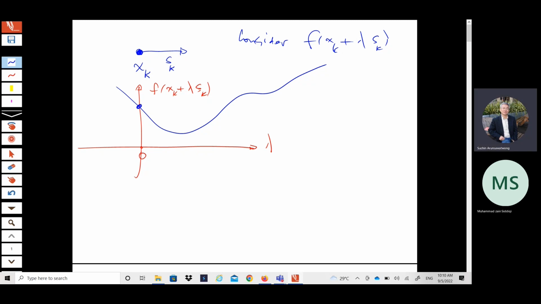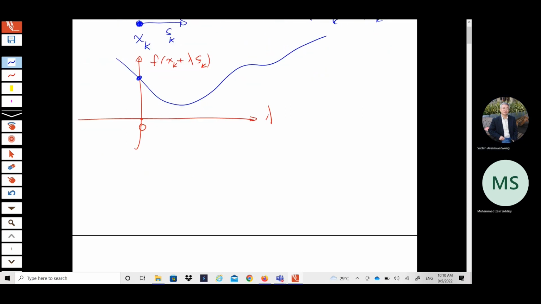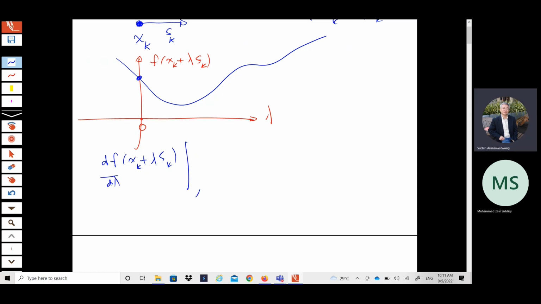The directional derivative of f(xk plus lambda sk) with respect to lambda, at lambda equal to 0, is equal to sk transpose grad f(xk).